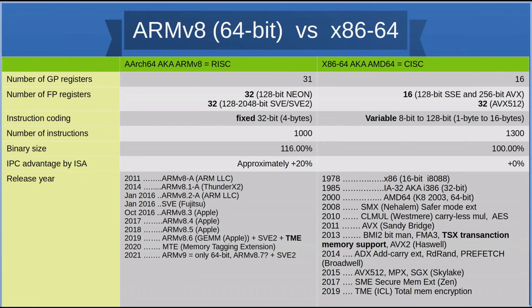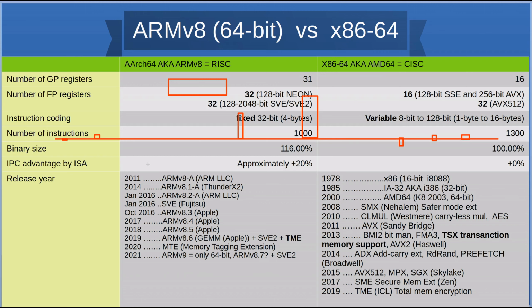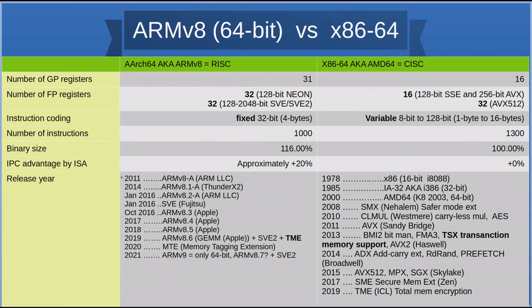So when I got through all of the data and started realizing that ARM is so much better than x86, I was asking, how is that possible? And when you look at the date ARM was designed and released, it was a brand new 2011 instruction set, compared to x86, which has its roots in 1978, guys.